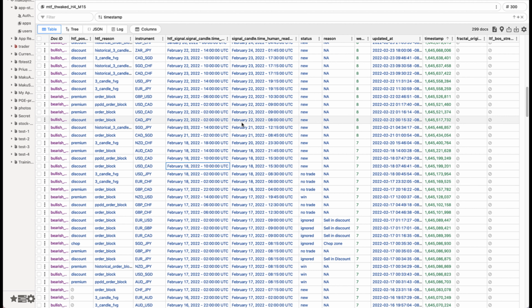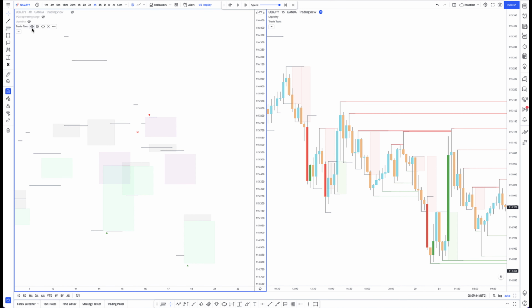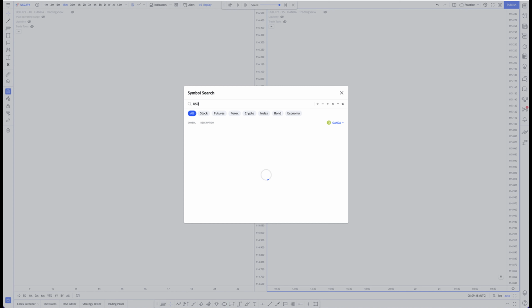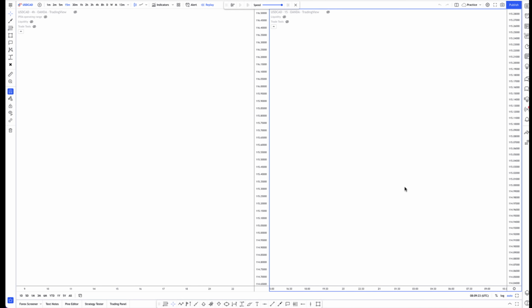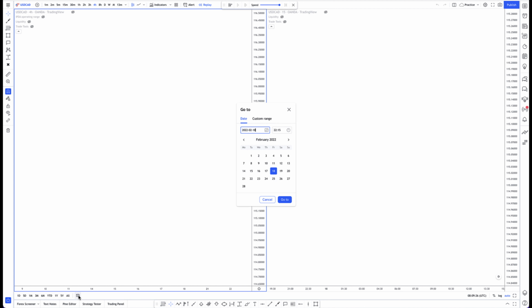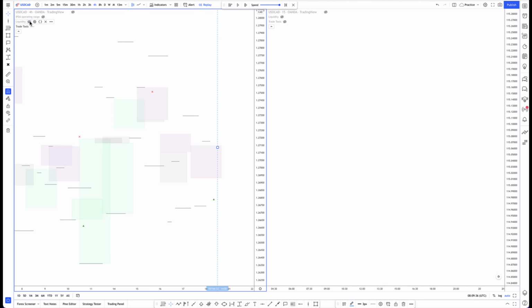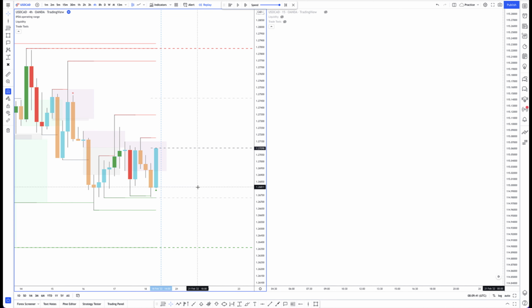USD CAD Feb 18 10 UTC. This looks like a good strong order block.